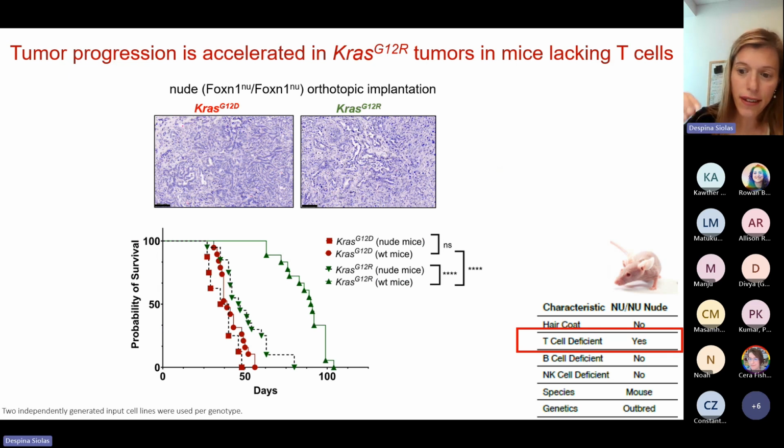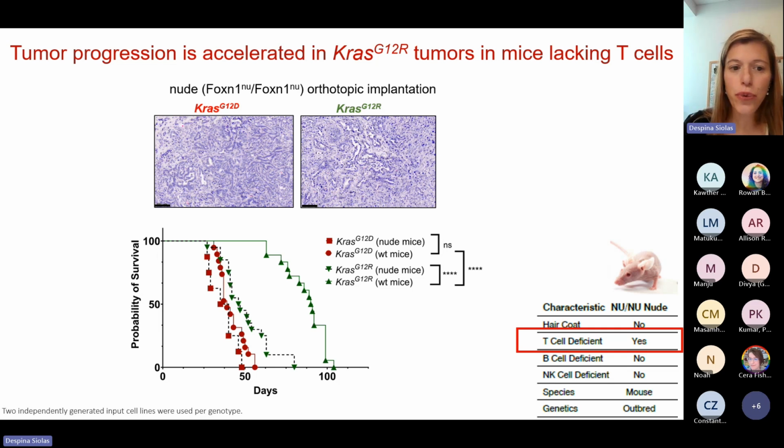However, if we took our cell lines and put them in a mouse that lacks T cells, it was really interesting. Nude mice only lack T cells, technically they also lack hair, but in this case they have all the other cells present. They have B cells and NK cells. What we found was that the G12R tumors are now accelerated to the point where, if you look at them under the microscope, they look histologically like poorly differentiated tumors, and they die faster.